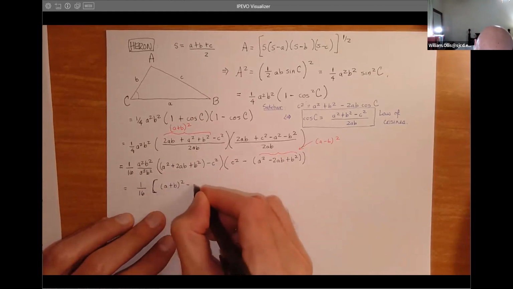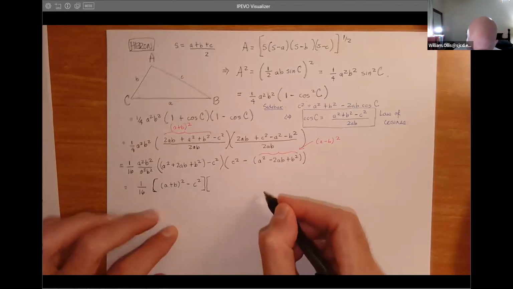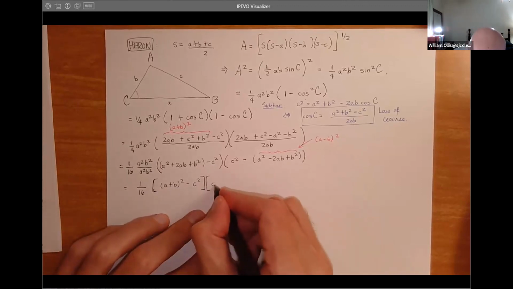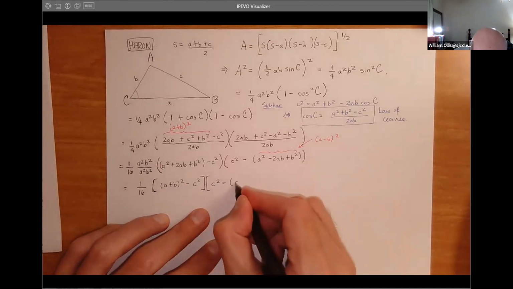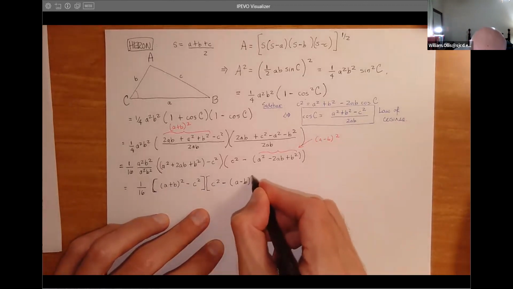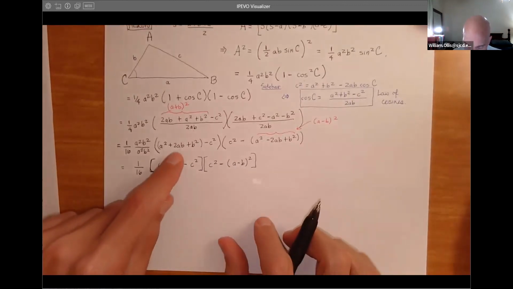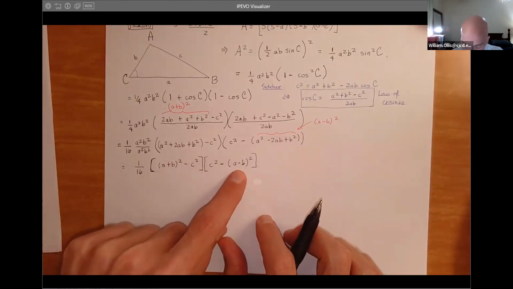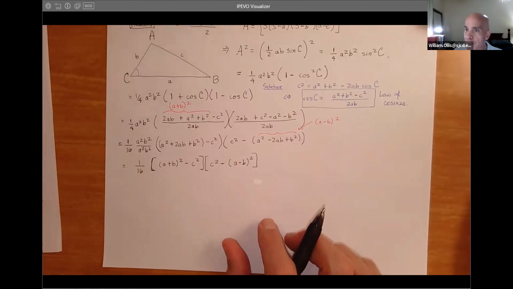So we get another difference of 2 squares. That's going to give us all the A's, B's, and C's. And now here we have a C squared minus A minus B quantity squared. Okay, so notice perfect square, perfect square. Now we have another difference of 2 squares twice.